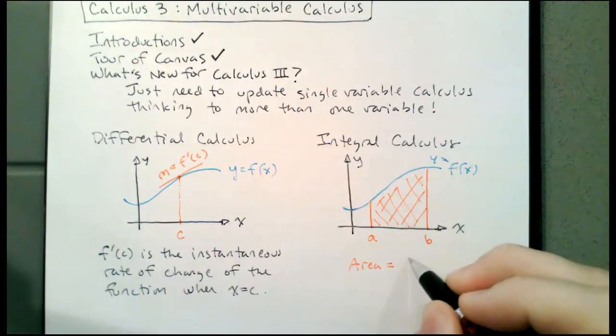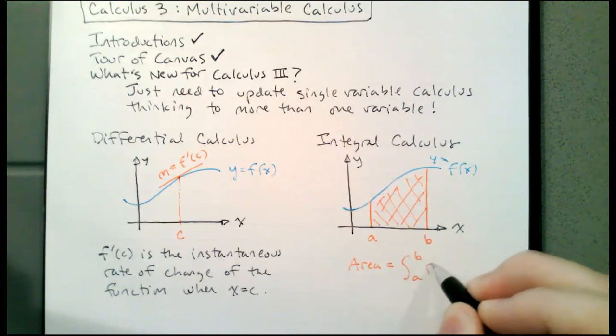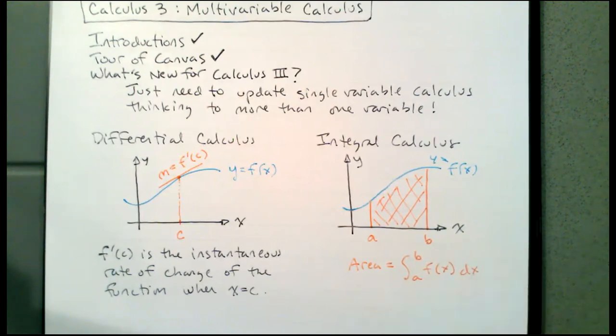And we had notation for this because it's math and we have notation for everything. So graphically, we're looking at the area under the curve f of x and above the interval from A to B. And then we have a way to interpret this. This means something.